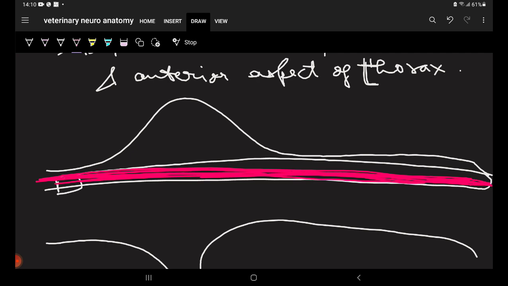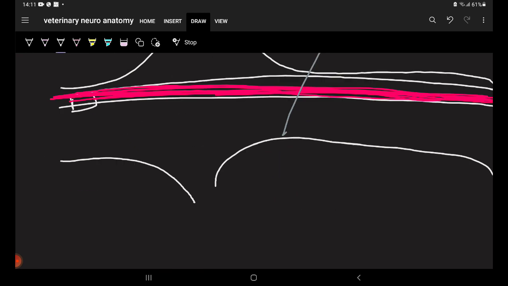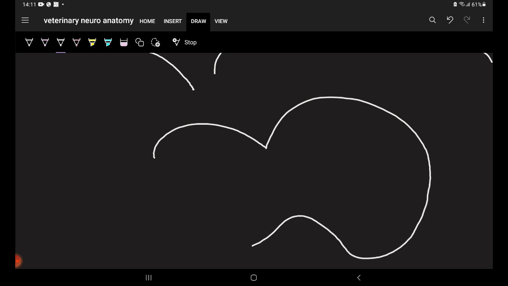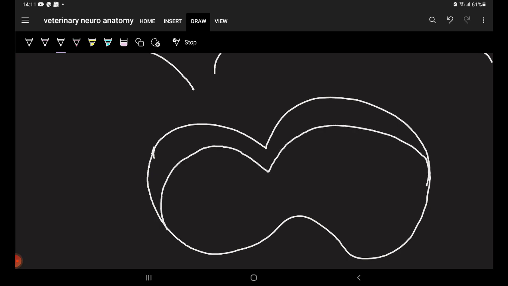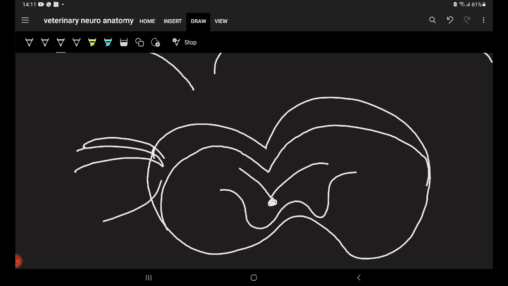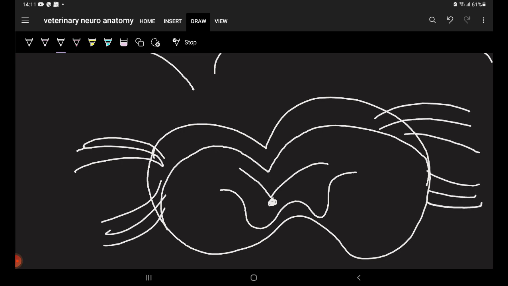Okay. So we take a cross section here, a transverse section or cross section. If we study it in detail, it will look something like this. I will explain each and every structure which I am drawing here. Just wait a minute.